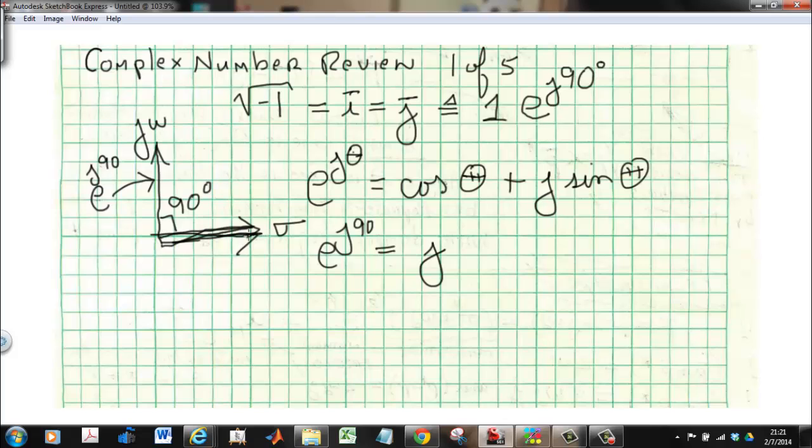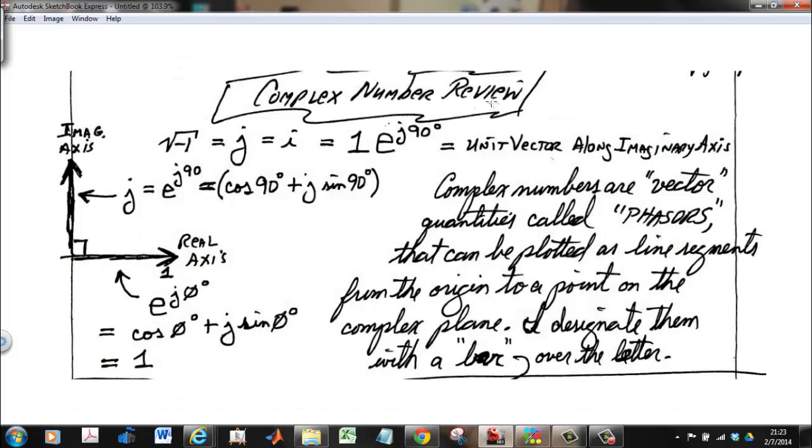This is a simple review. And so, once again, we give a unit vector along the imaginary axis is 1 e to the j 90, and realizing that complex numbers are vectors. They're vectors, but we call them phasors because they're vectors in the complex plane. So they're plotted as line segments from the origin to a point on the complex plane.